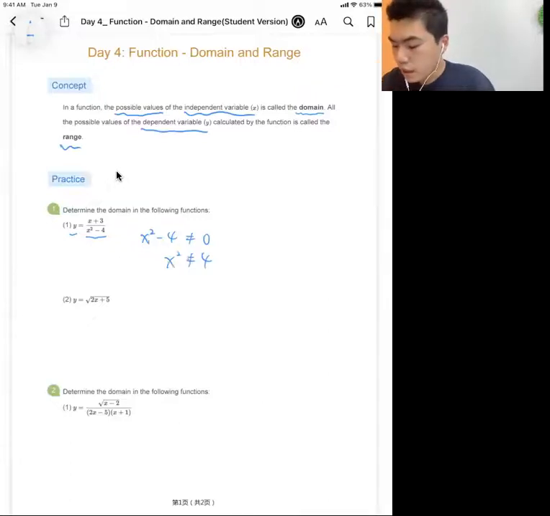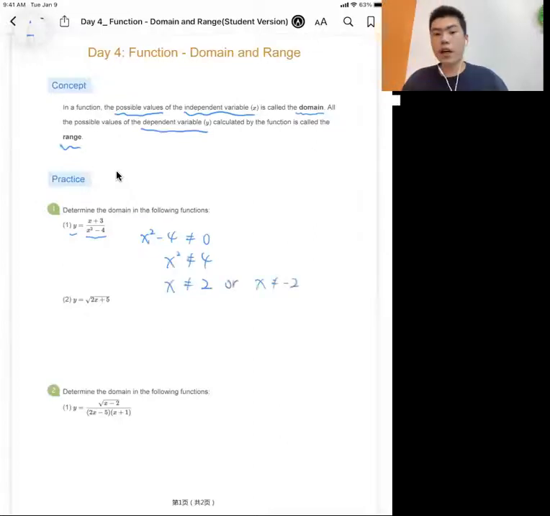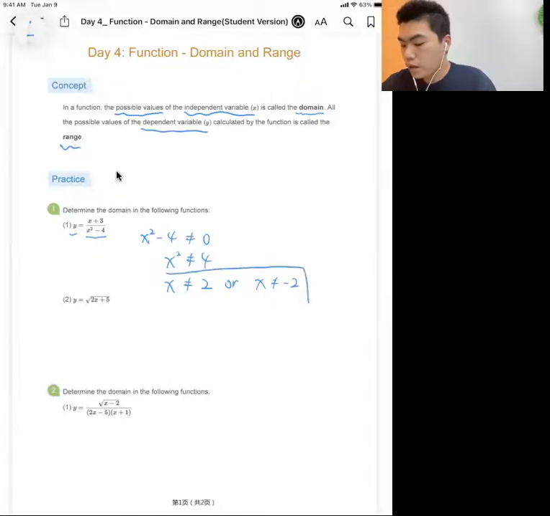Then we have x is not equal to 2, and x is not equal to -2. Be careful here, since 2 squared is equal to 4, and -2 squared is also equal to 4. So these two restrictions specify the domain for x, because x cannot be equal to 2 or -2. This is the domain of this function.